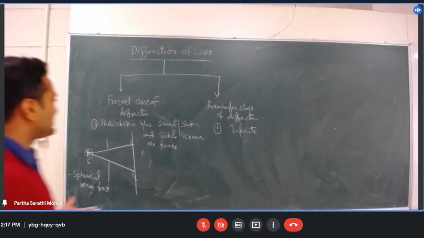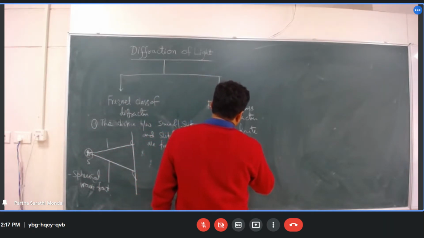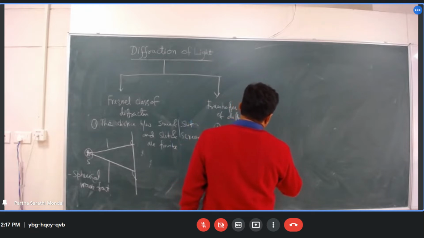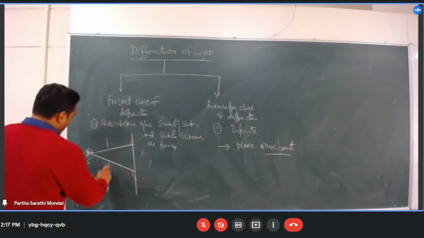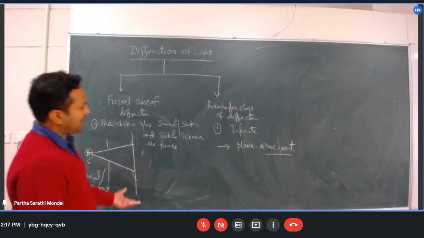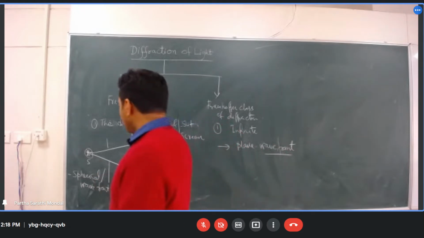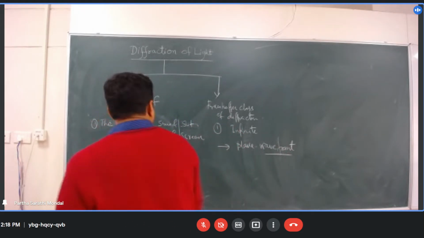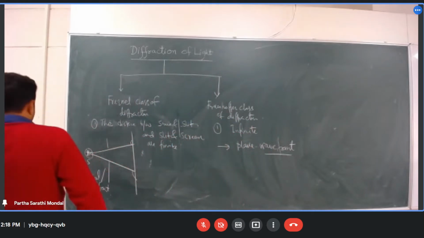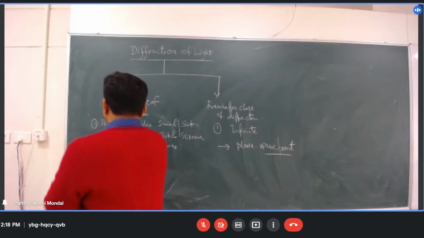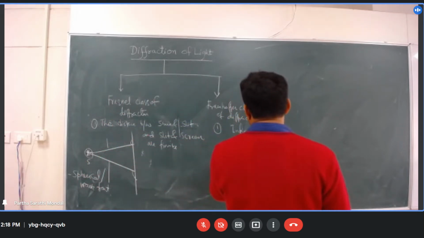So whatever source you use, if you place it at infinity, you always see that a plane wave will come and fall on the slit. So you always have a plane wavefront.